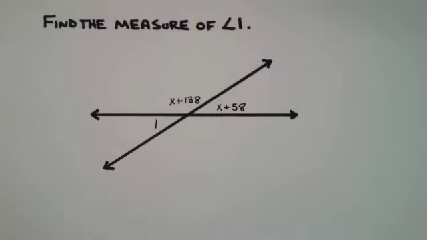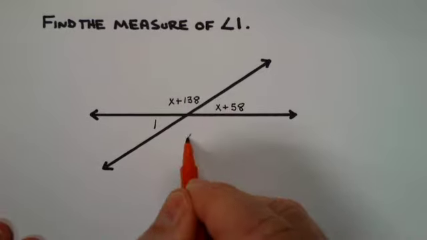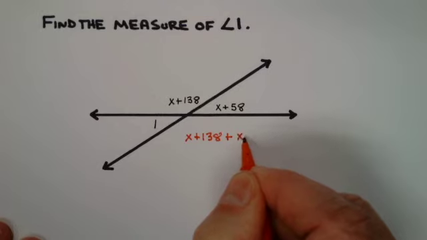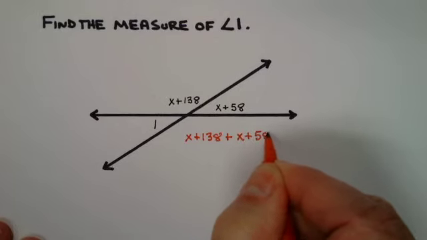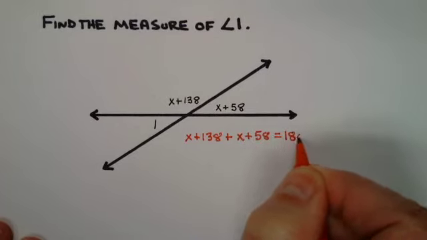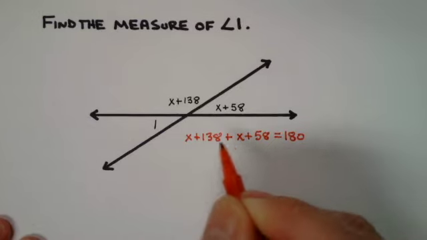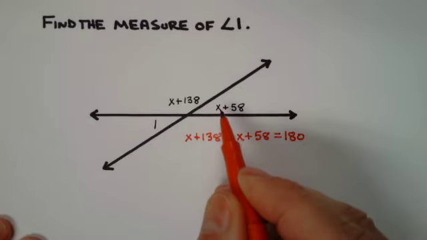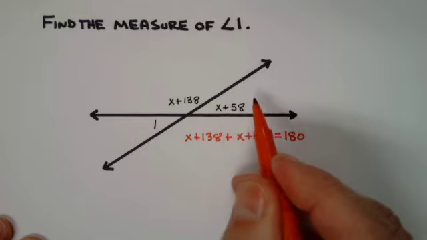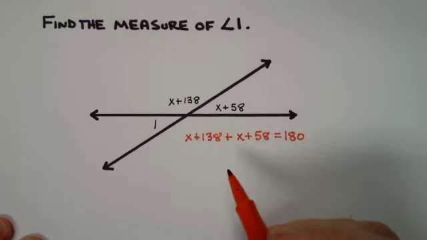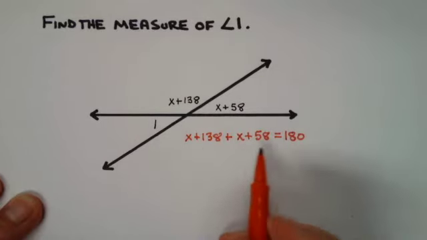That's my equation. This right here, x plus 138, plus this other angle right here, x plus 58, equals 180 degrees. I need to solve this and then take what I get and plug it back in here so I can figure out what this angle measure is. What do I need to do to solve this equation?